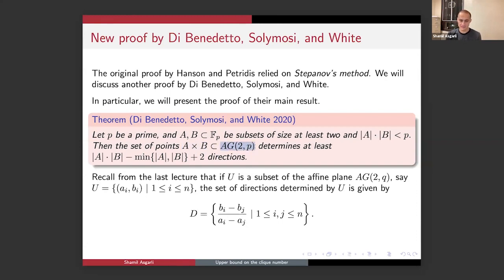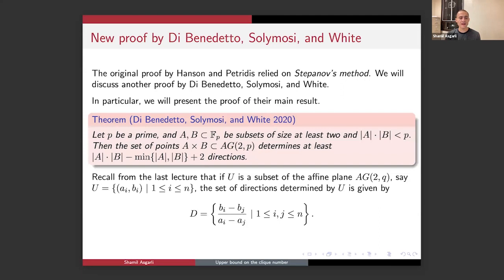This is a finite plane. Given a subset of the affine plane, you can ask how many directions does it determine? The theorem says that the number of directions determined by a Cartesian product is at least the size of the Cartesian product, that is, the size of A times the size of B, and then there's a small correction term.